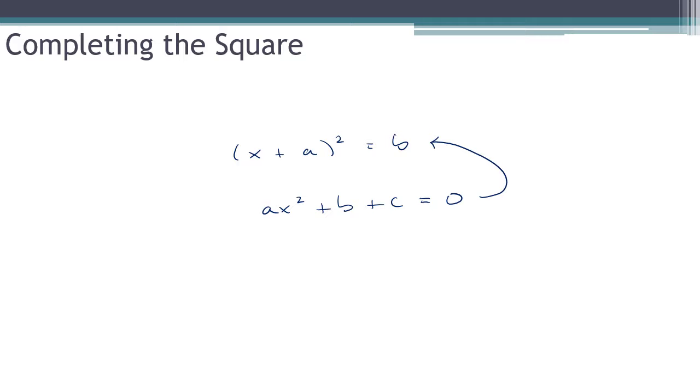There's a special number, and we saw this number derived in the previous lecture, if you've watched that one. The number we need to add to both sides of the equation to make this into a perfect square is b squared over 4a.